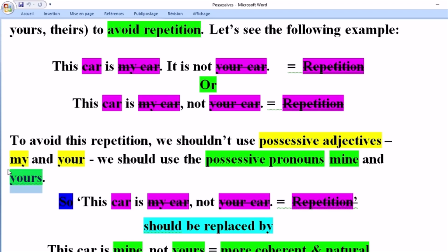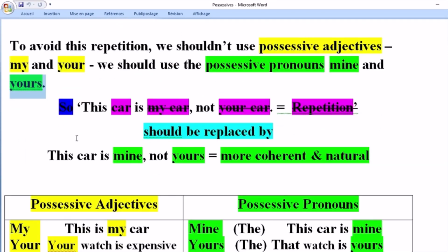It simply means that in this situation, we should not use my and your, but we should use mine and yours to avoid repetition. So let's make it clear with the 2 examples.